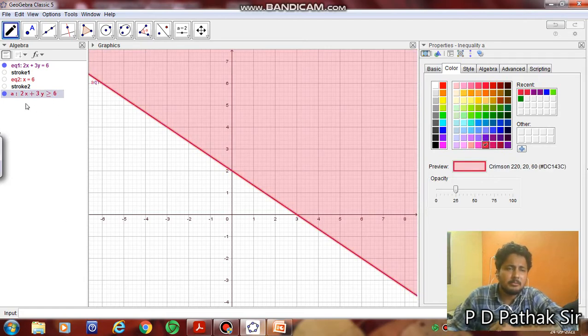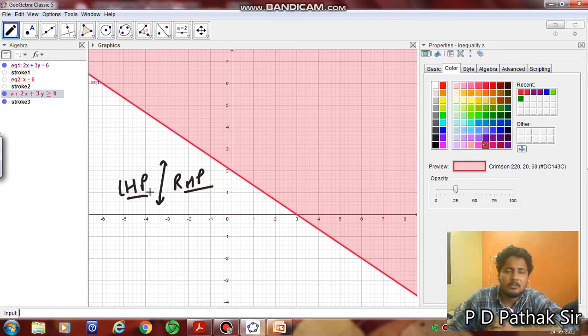It means the graphical solution of a linear inequality in two variables is a half plane. This half plane can be an upper half plane or lower half plane, and in case of a vertical line it can be a left half plane or a right half plane. So the graphical representation of linear inequality in two variables is a half plane.